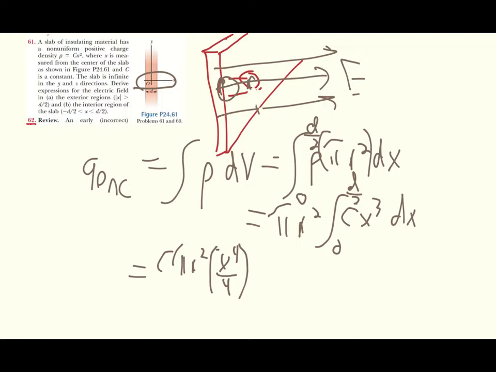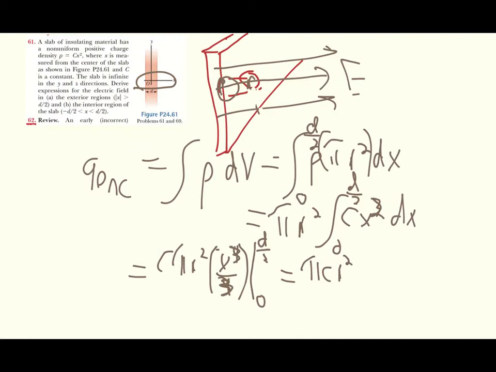Oh, I'm sorry, it's squared, isn't it? So it's x cubed over 3. Sorry. And that's going to be between 0 and d over 2. Okay. When you sub that all in, you get pi c r squared.